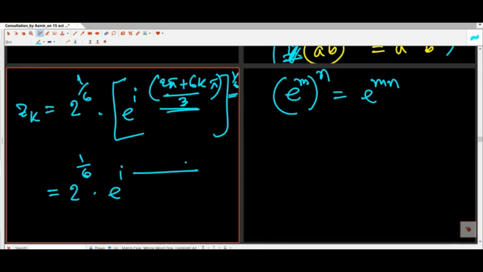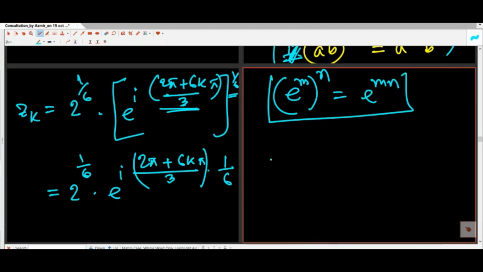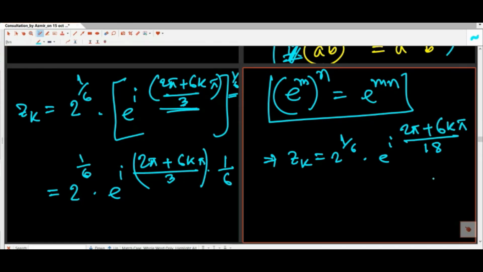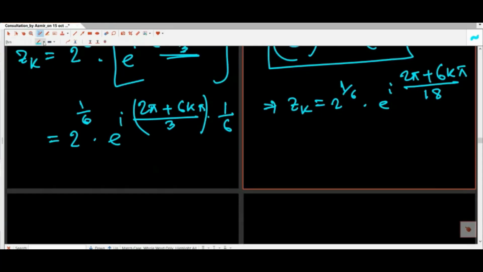It will be 3 times 6, that is 18, times (2 pi plus 6k pi). Now zk equals 2 power 1 over 6 times e power i (2 pi plus 6k pi) over 18. So finally, we have found all the solutions.